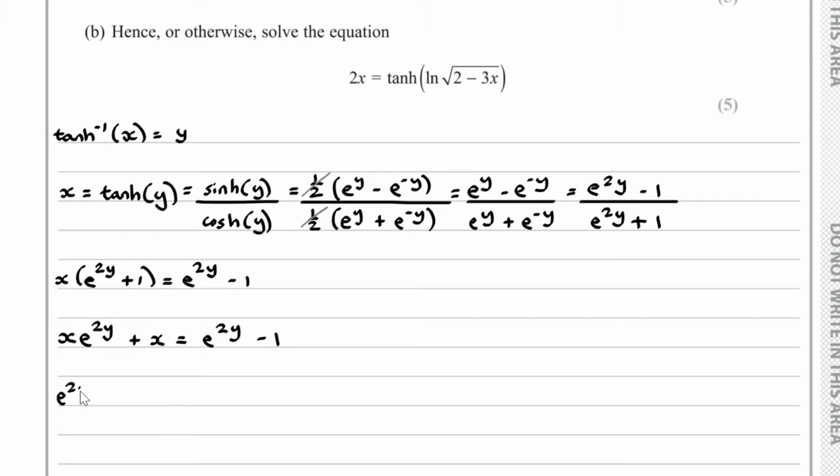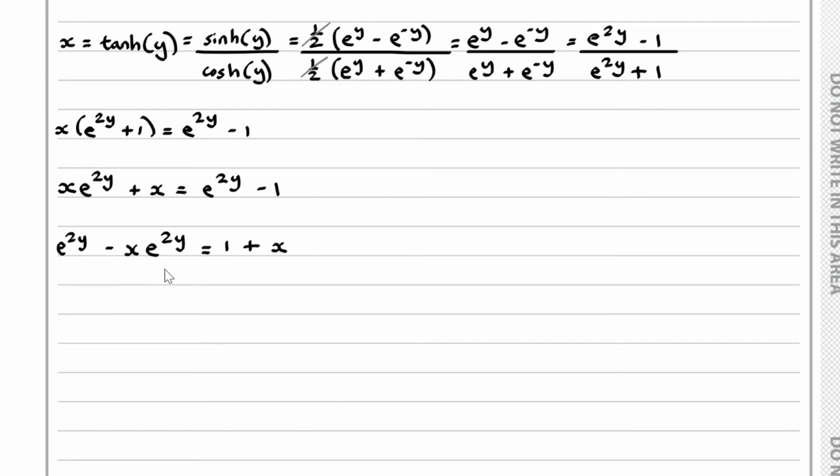we have e to the power of 2y minus x lots of e to the power of 2y equaling 1 plus x. And on the left hand side we can factorize out an e to the power of 2y.